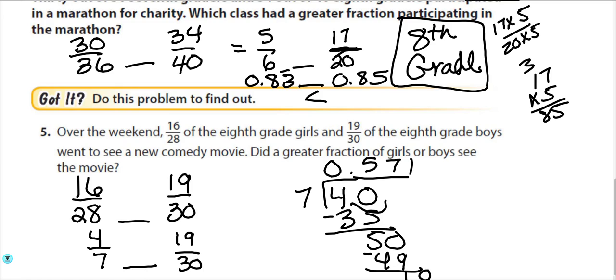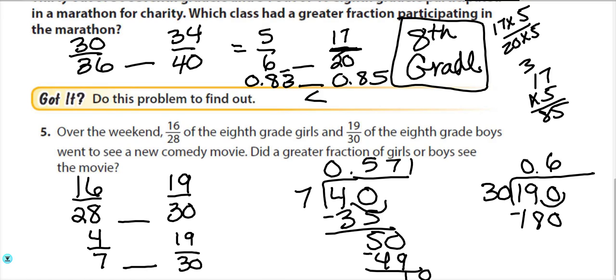And I think we'll just stop there. It's going to keep going, but I think we'll be okay if we just hold it right there. Okay, let's do 19 and 30. So 19 on the inside, 30. It's going to go in 6 times, 180. Actually, we can already stop there.